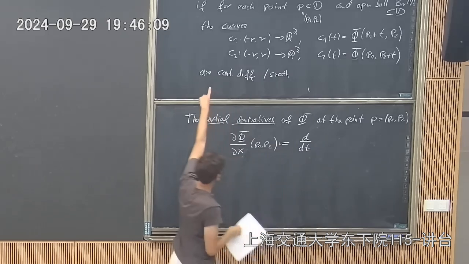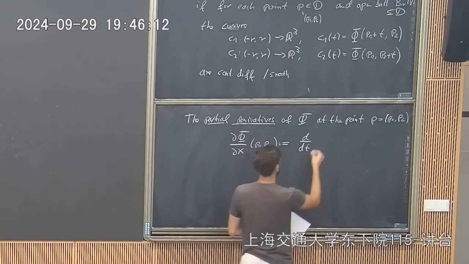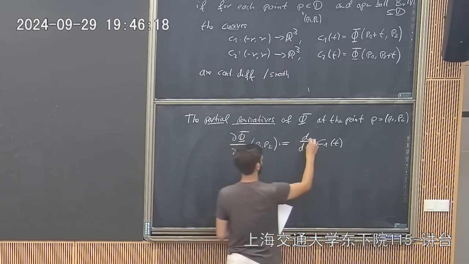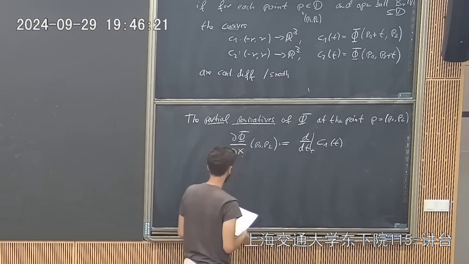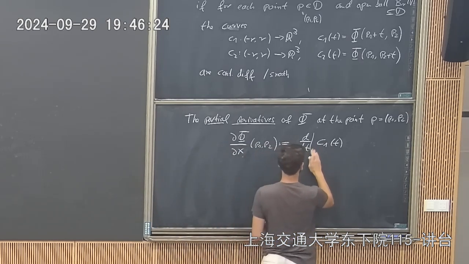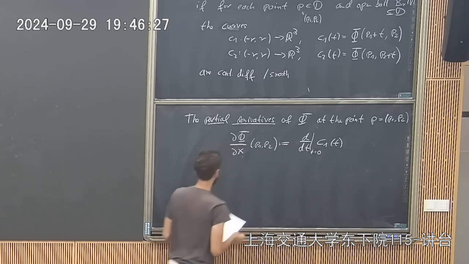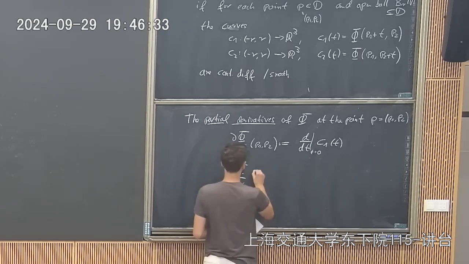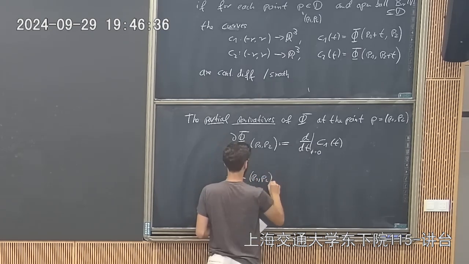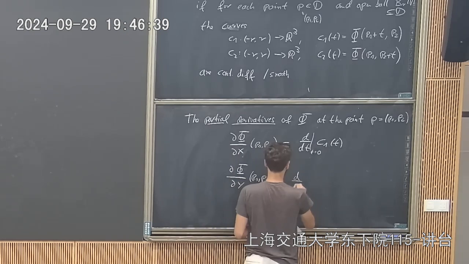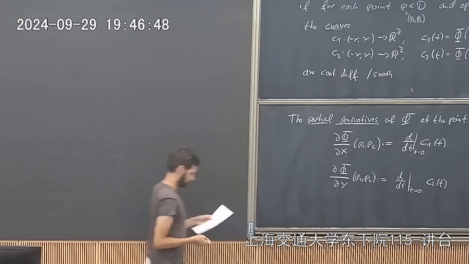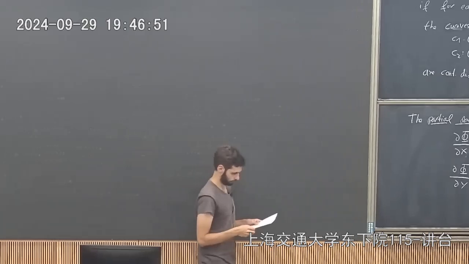And let's just take this curve that we had at the beginning, the C1 curve, and take its derivative at some point t, at the point t equals 0. And similarly, the derivative in y direction: we have the curve that is only changing in the y direction and then take its derivative.